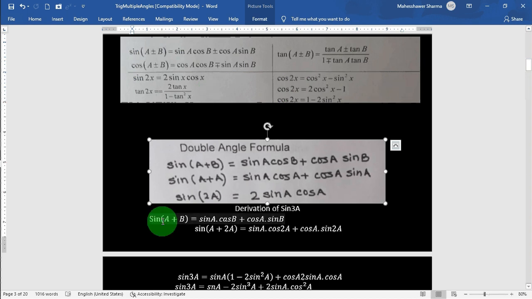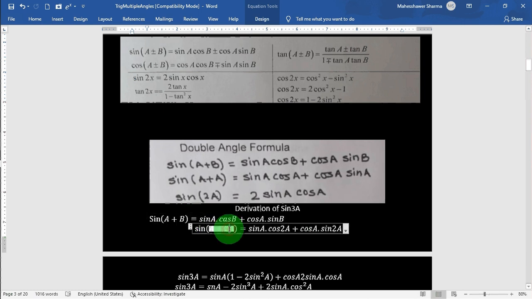Now we'll see this for the 3a angle. How can we get the sine 3a value? Here we'll use the same method. Sine a plus b equals sine a into cos b plus cos a into sine b, but in place of b we are now replacing b by 2a.